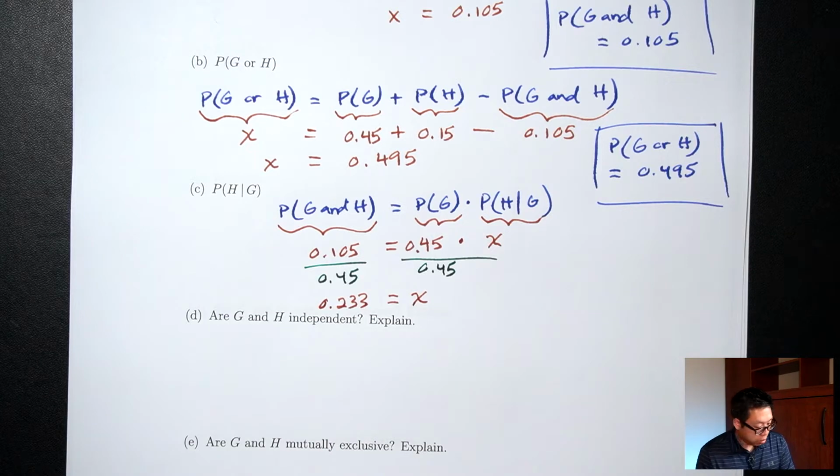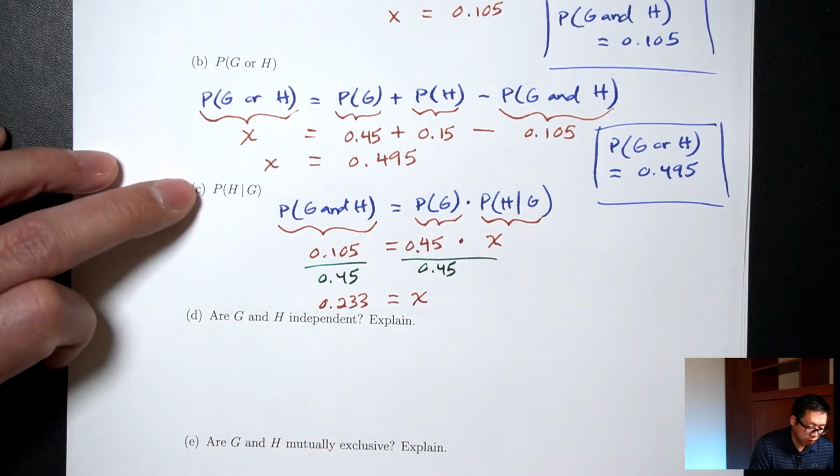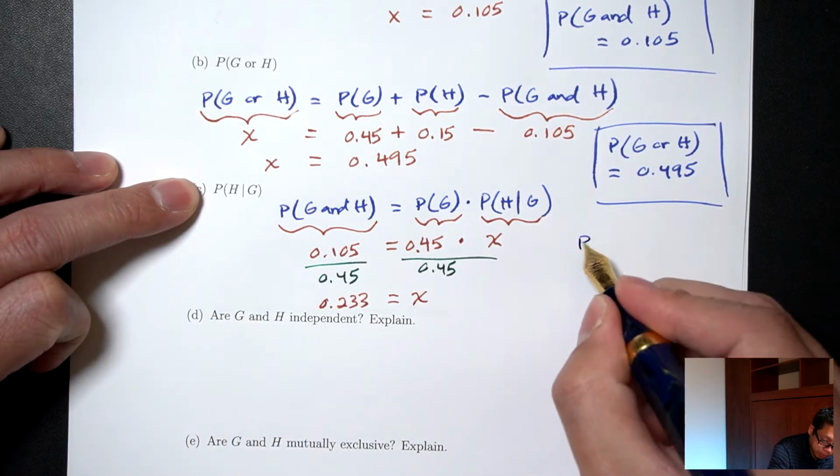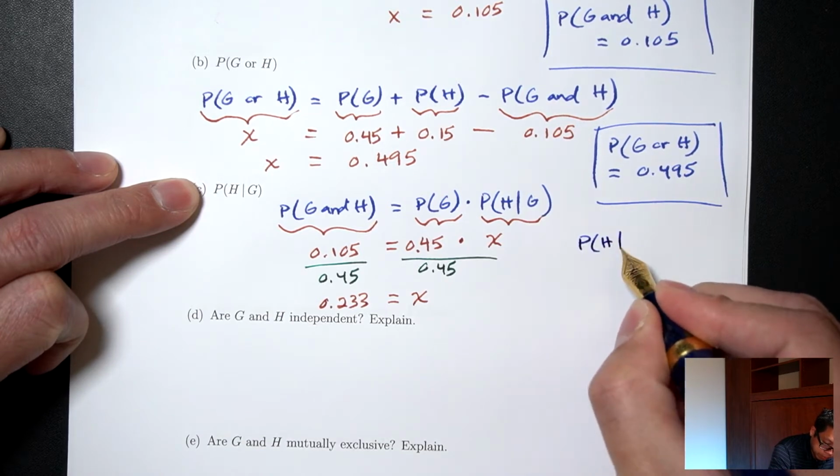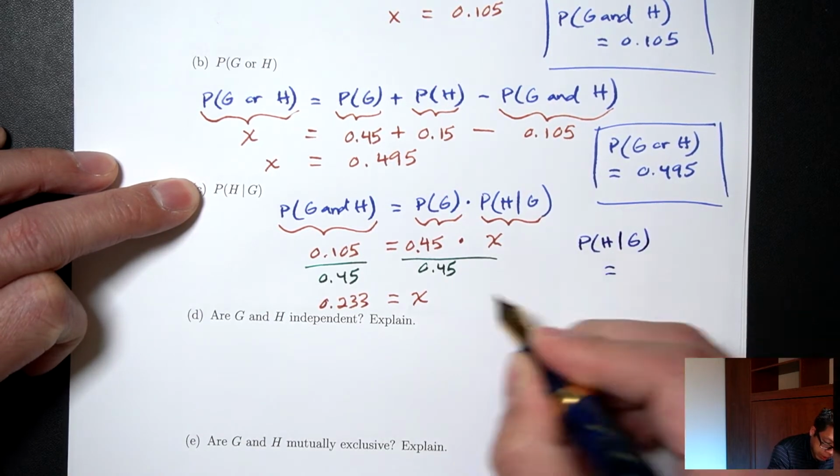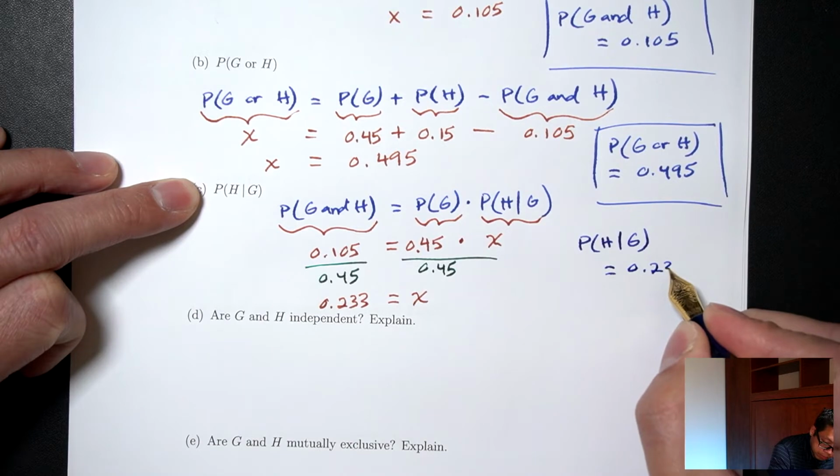What we just found was probability of H given G, and that was 0.233.